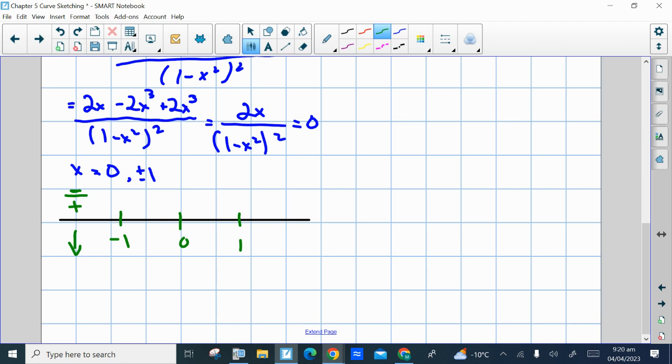Between negative 1 and 0, a number like negative a half, it'll also be a negative over a positive. So the function is still decreasing there. And remember, at negative 1 is where our vertical asymptote is. When x is greater than 0, like positive a half, it's going to be a positive over a positive, so the function is increasing there. And same thing when we choose a value of x greater than 1, like positive 2.